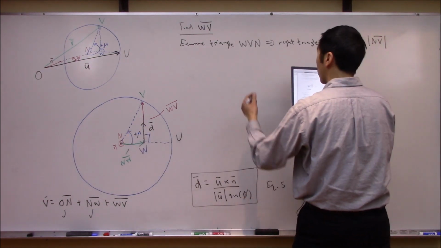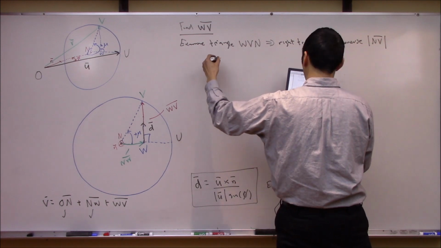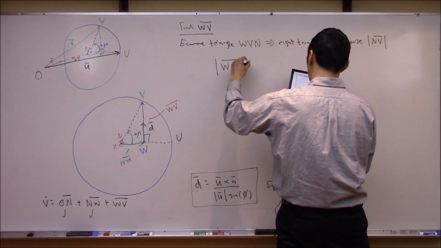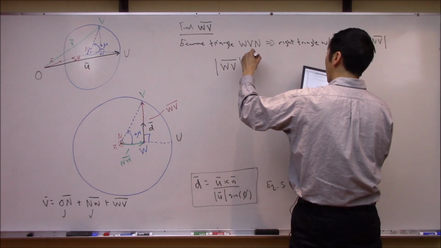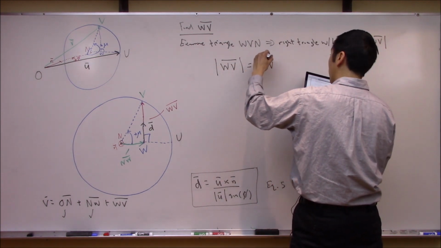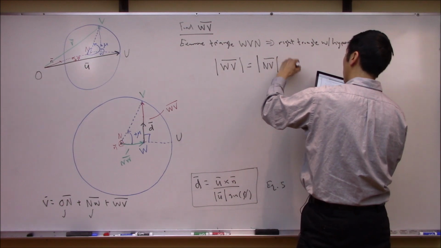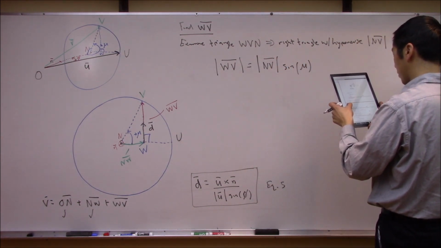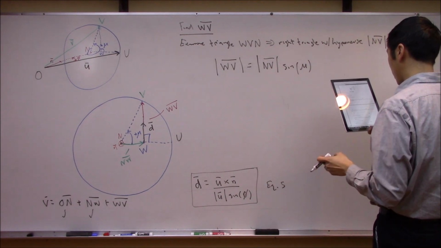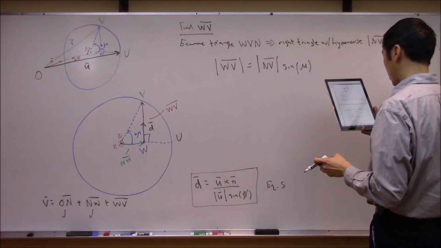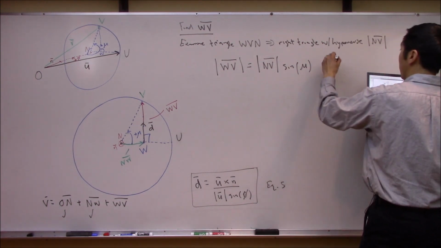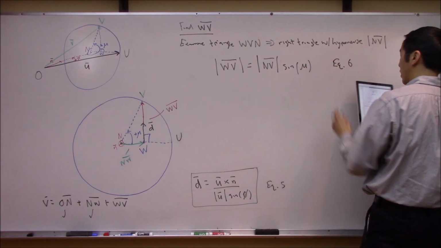So in other words, the magnitude of WV is the hypotenuse, which is the magnitude of NV, times sine of mu. Okay, so maybe let me call this equation 6. We're going to use it in a second.